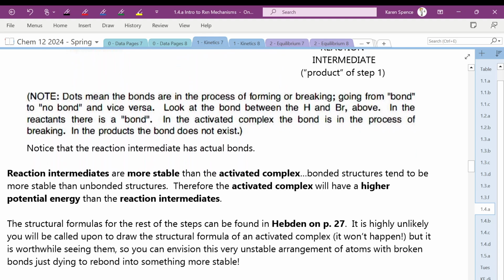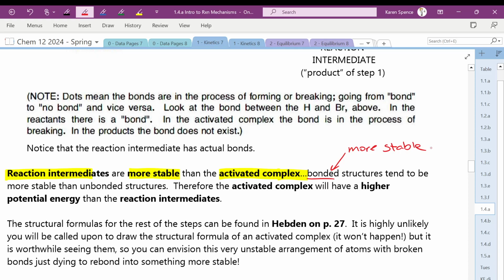Reaction intermediates are more stable than the activated complex because bonded structures, things that are bonded, tend to be more stable, right?